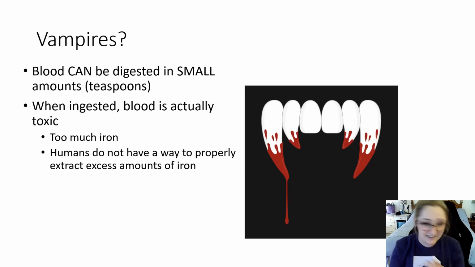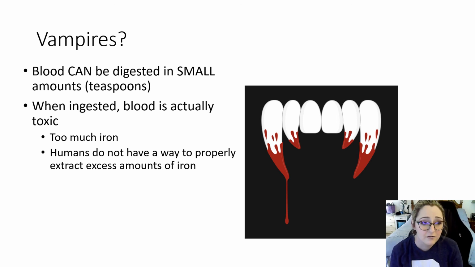And finally, last but not least, let's talk about vampires, because we've been talking about blood, why not? Blood can be digested, but only in small amounts. You can build up kind of a tolerance for blood, but to start out with, you should be only consuming like teaspoons of blood. And the reason being is that there's a lot of iron in blood. And we've talked about that when it came to hemoglobin.